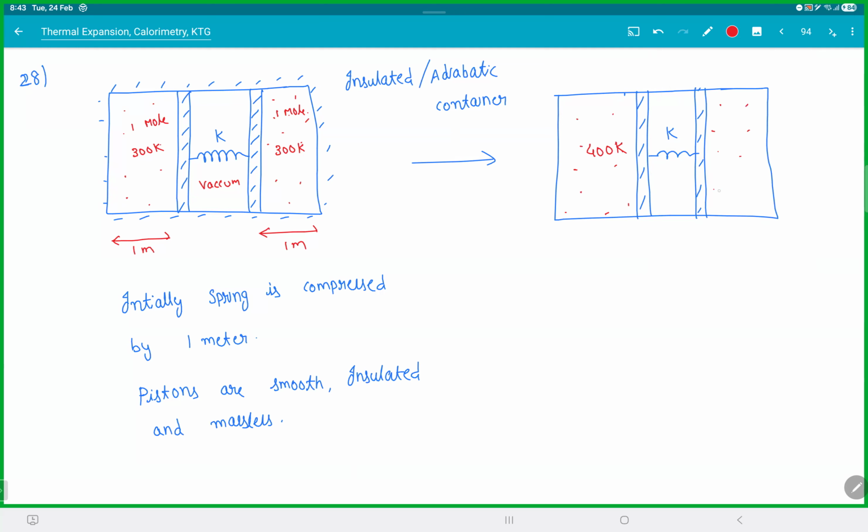The right compartment's temperature became 500 Kelvin. So the temperatures have become different. Maybe you gave heat from outside. Find the new compression in the spring.